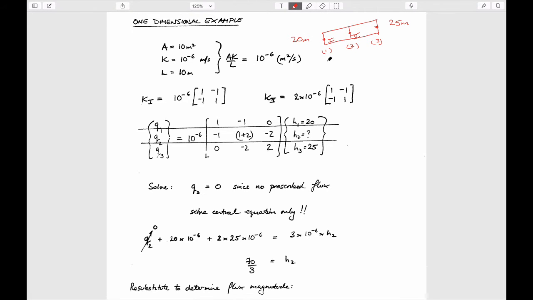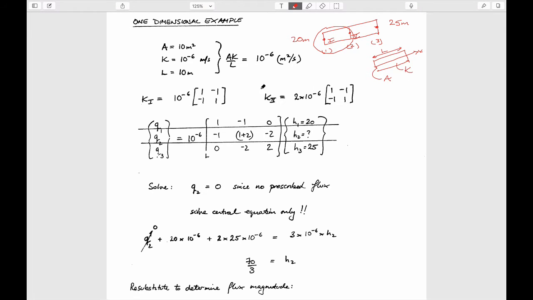And what we did was we first of all figured out what the template was that represented a single element. And this template was something that was defined in terms of a length, a cross-sectional area, and a material property, which is hydraulic conductivity.